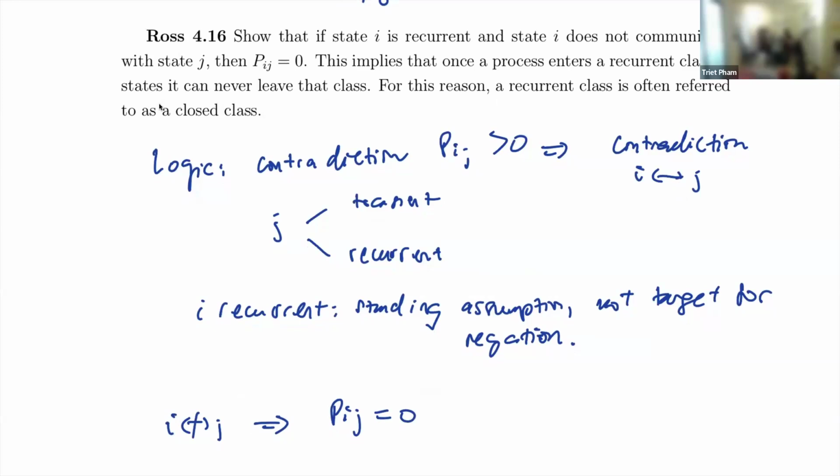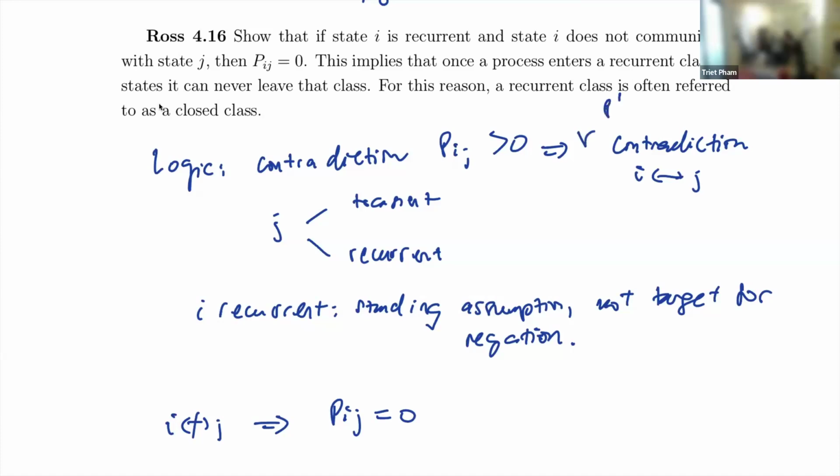Okay. So having said that, any suggestion for how we should approach this problem? Yeah, my idea here was that if Pij is greater than zero and I is recurrent, then for some number of steps k, there must be some pathway that you can go back from J to state I. Good, good. Actually, that's sort of the middle step here.